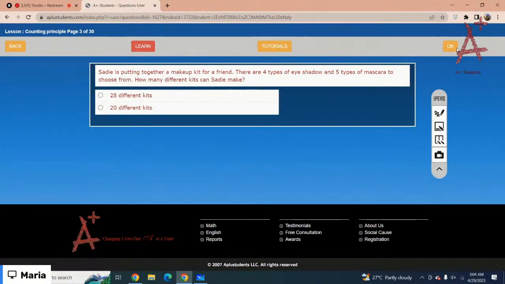Okay, Sadie is putting together a makeup kit for a friend. There are four types of eyeshadow and five types of mascara to choose from. How many different kits can Sadie make? So, which is the correct option?